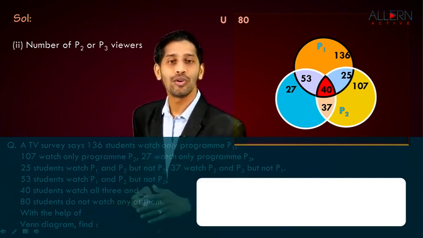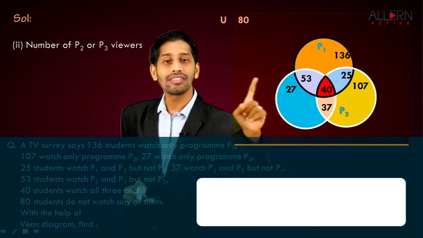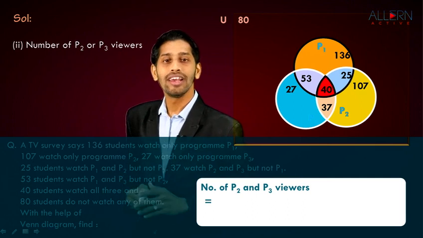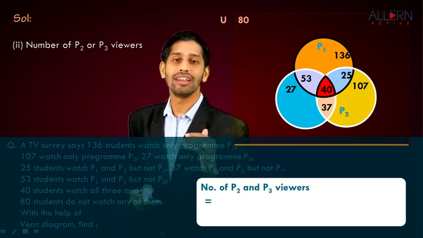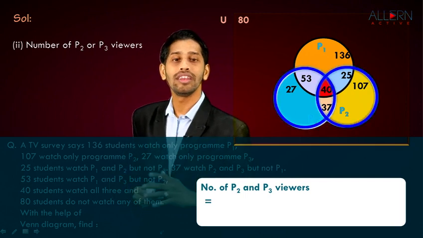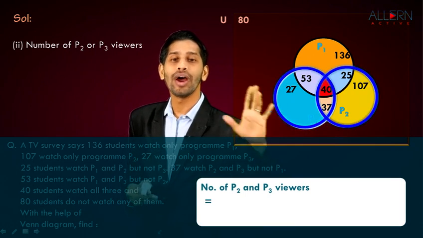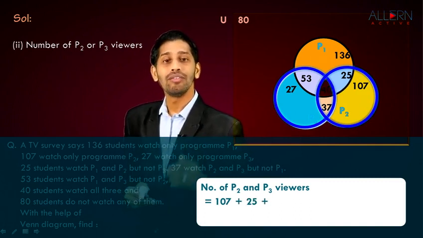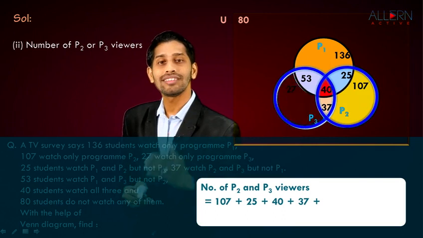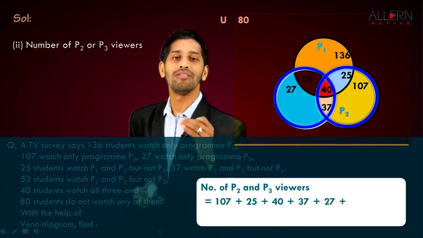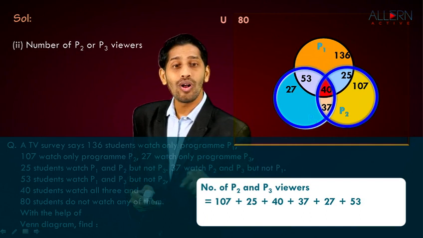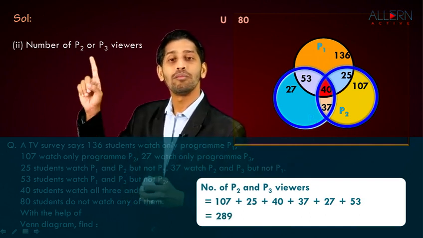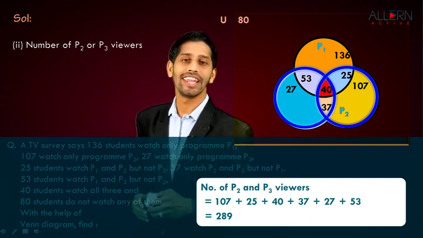So in circle P2 and circle P3, whatever numbers are written, we add all of them. Let's write all the numbers belonging to circles P2 and P3: 107, then 25, then 40, then 37, then 27, and then 53. When we add all these six numbers, we get 289. Therefore the number of P2 or P3 viewers is 289.